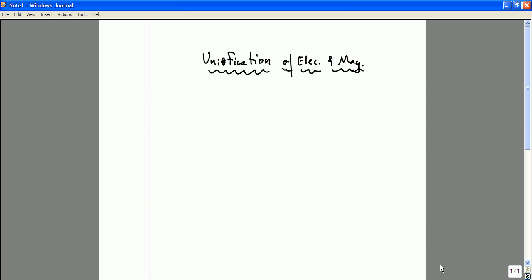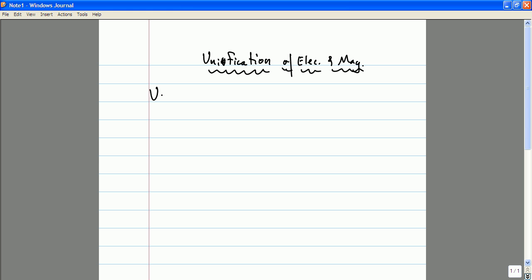And indeed, when one thinks about electricity and magnetism in the context of special relativity, we see the first example of a phenomenon which has been ubiquitous in physics over the last century, namely that of the unification of forces. Okay.